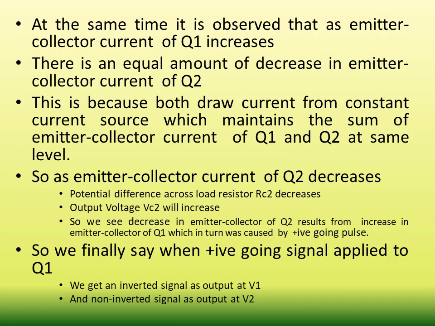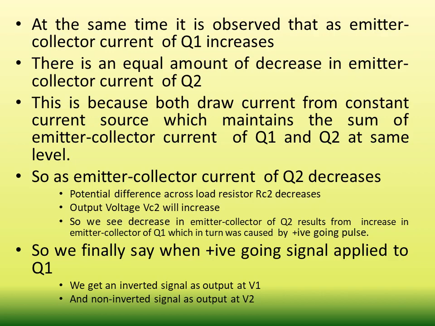So what happens? As the emitter collector current of Q2 decreases, there is less drop in the load resistor RC2. So the potential difference across load resistor RC2 decreases. As a result, the output voltage Vc2 will increase. So we see the decrease in emitter collector current of Q2 results from the increase in emitter collector current of Q1, which in turn was caused by the positive going pulse.